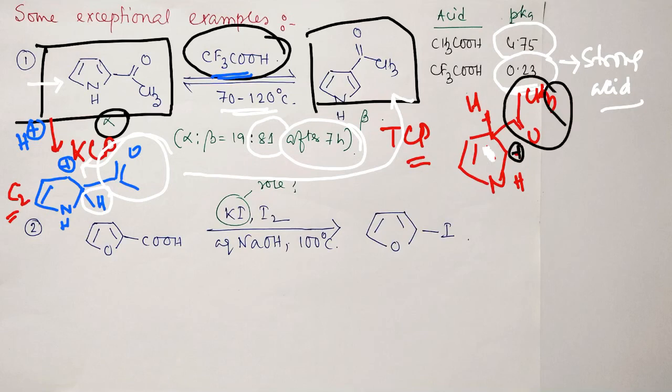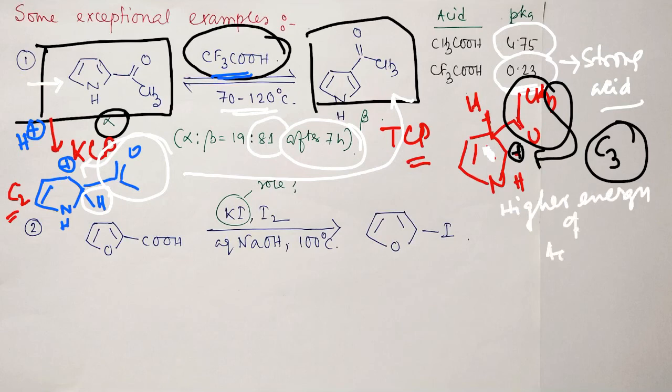After that, it needs to migrate to go back to the alpha one, but this is actually a C3 substitution type, so it is associated with higher energy of activation. So if something is associated with higher energy of activation, that means the back reaction is slower.